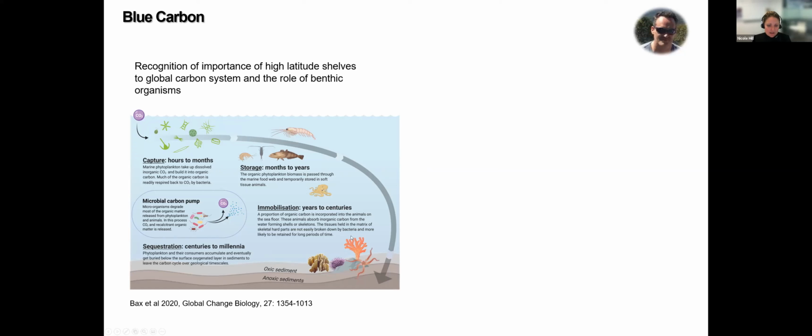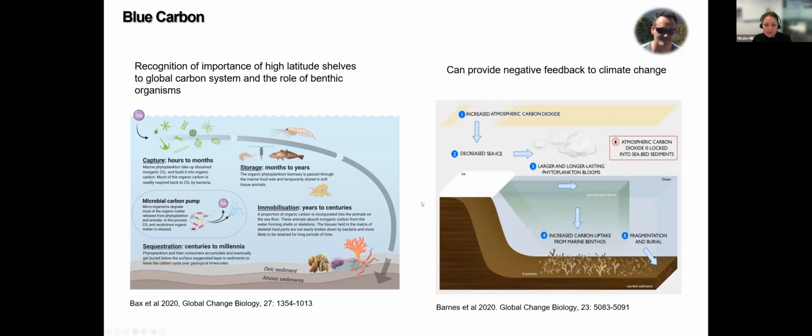And when we're talking about the benthic fauna, we're really talking about this sort of immobilization, sort of years to centuries. So it moves through the food chain down to the benthos. It gets absorbed in the skeletons of benthic organisms, where it gets held for a long time, or it can get even buried, or when these organisms die. And recent work has shown that it can provide a negative feedback to climate change.